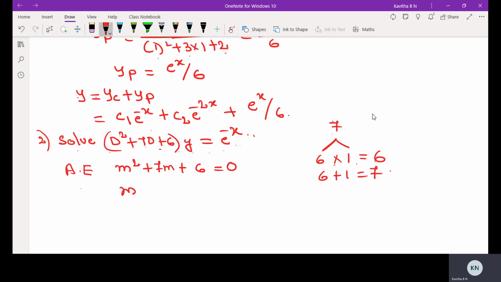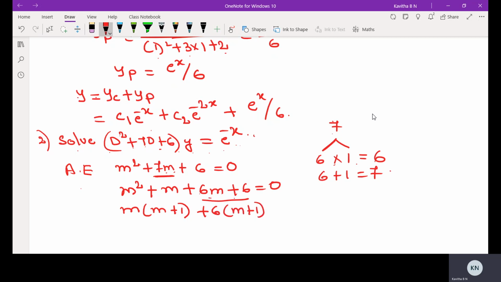Then m square plus 7m can be written as m square plus 6m plus m plus 6 is equal to 0. Take m common: m into m plus 6, plus 1 into m plus 6.